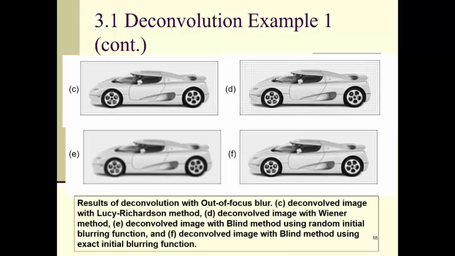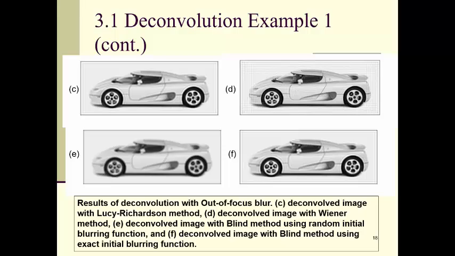So this is the part in which we have chosen a random blurring function, and this is the blurring function that was originally used to degrade the image. As you can see, this result is relatively better than this one. You understand the idea?